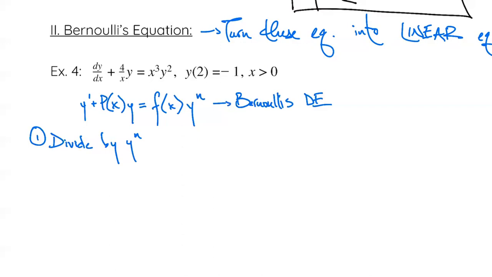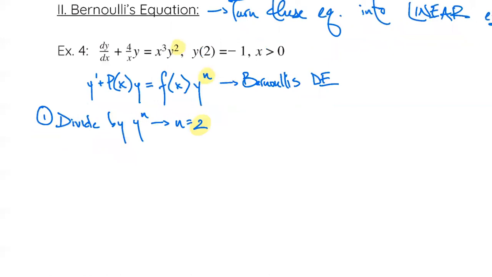And so in this case, n equals 2 because n is the power of y, okay? So let's take this differential equation, let's divide every single term by y squared, and let's see what we get.